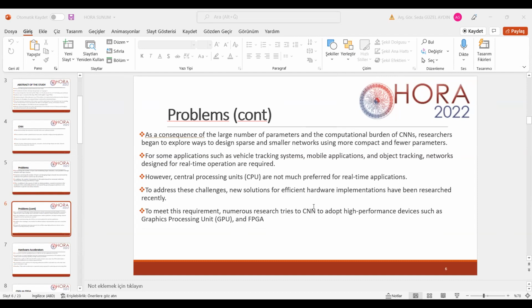However, central processing units are not much preferred for real-time applications. To address these challenges, new solutions for efficient hardware implementation have been researched recently. To meet this requirement, numerous researchers tried to adopt high-performance devices such as graphics processing units, GPUs, and FPGAs.